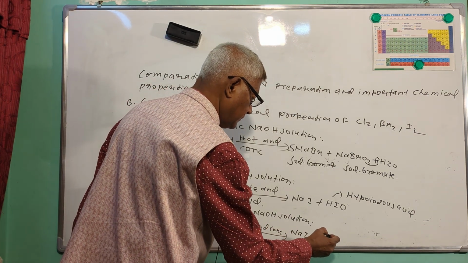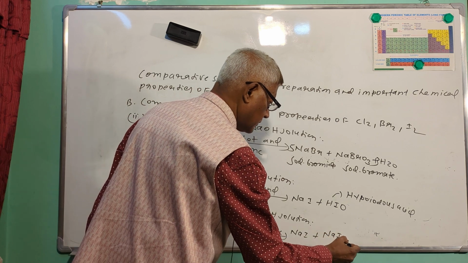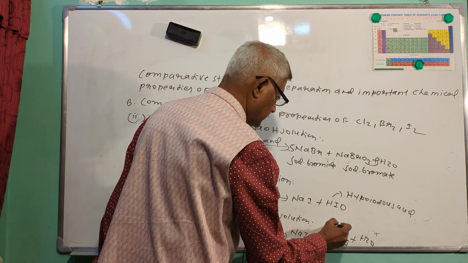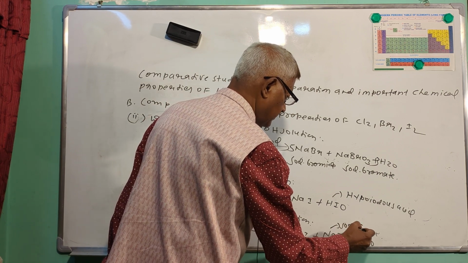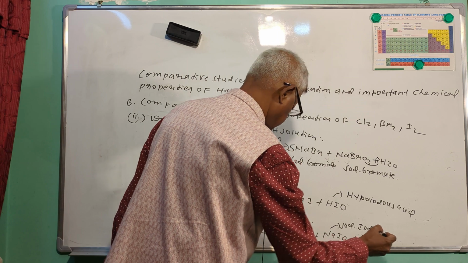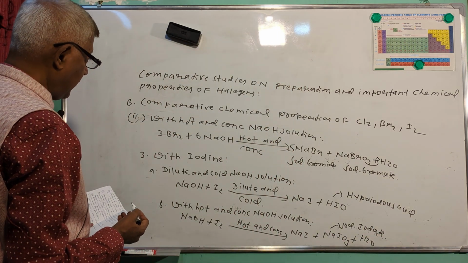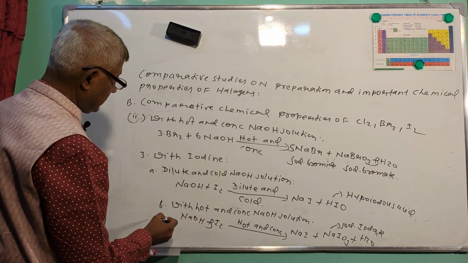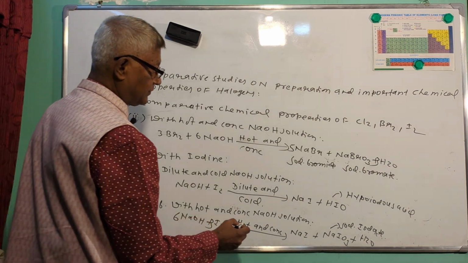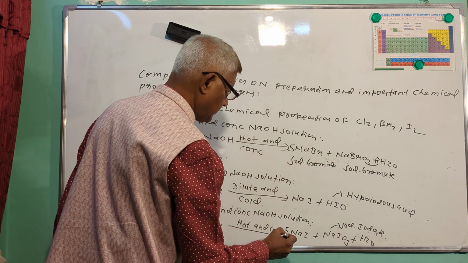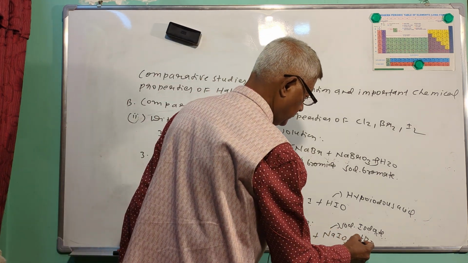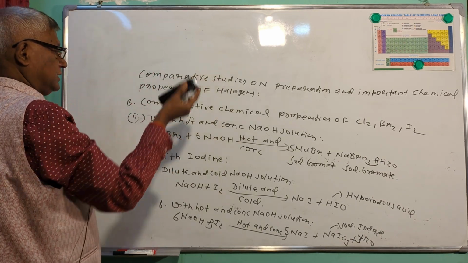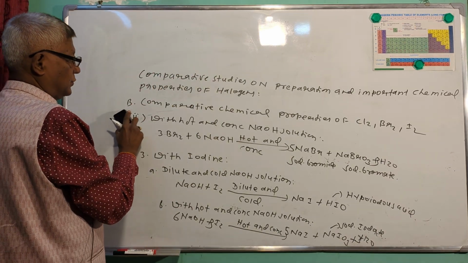Sodium iodide, sodium iodate, plus water. So after balancing, what do we have? 3 iodine, 6 NaOH, 5 NaI, and 3H2O. Yes. So that is with alkali solution.